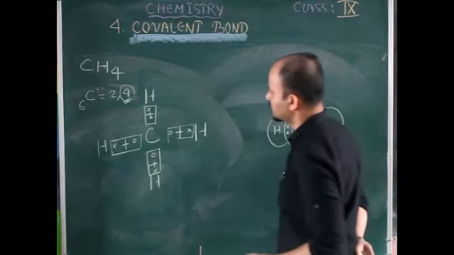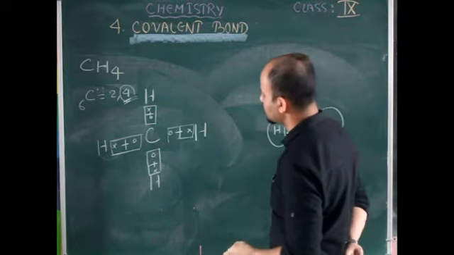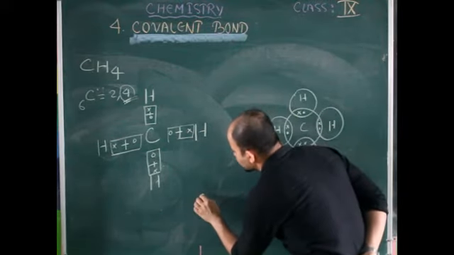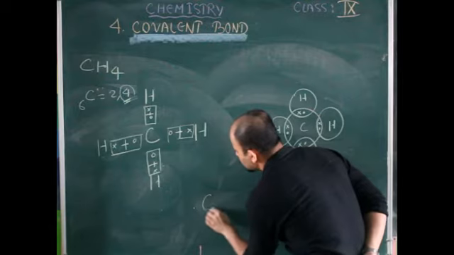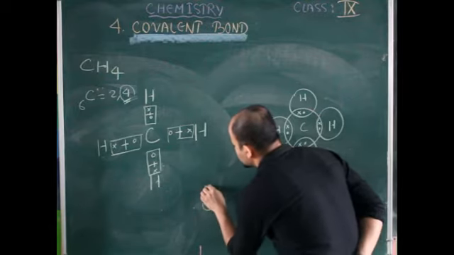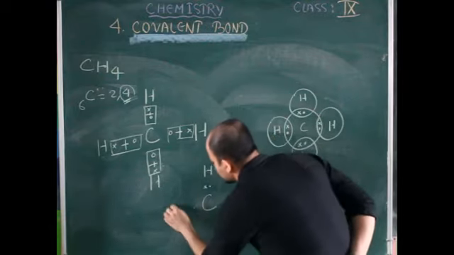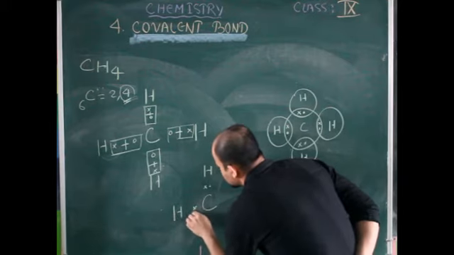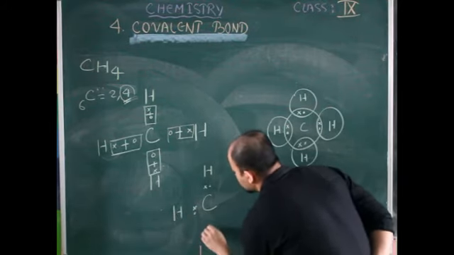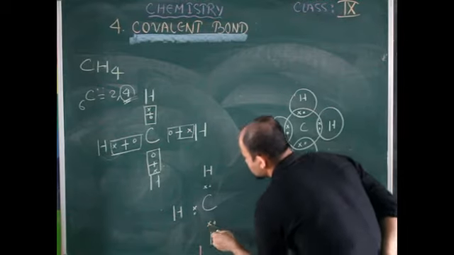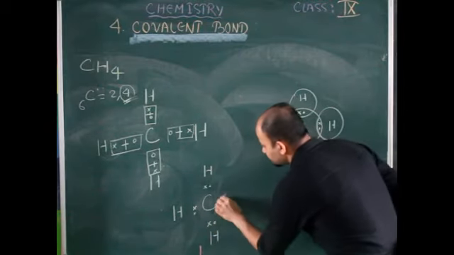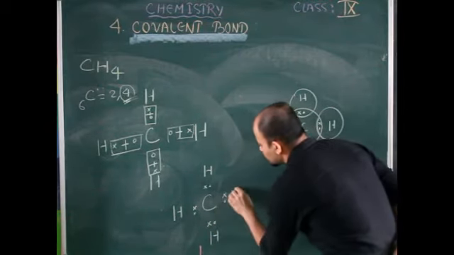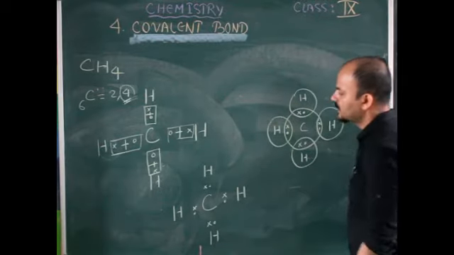Now once these electrons are shared, how can you represent them? I am writing it here. Carbon. These electrons are present between hydrogen and carbon. And here the electrons are present between hydrogen and carbon. Here also, and here too the electrons are present between carbon and hydrogen.